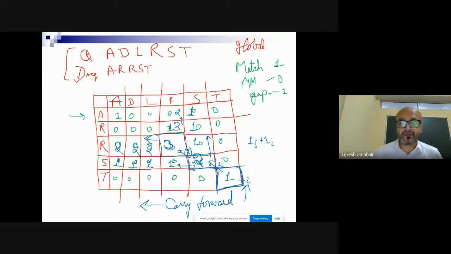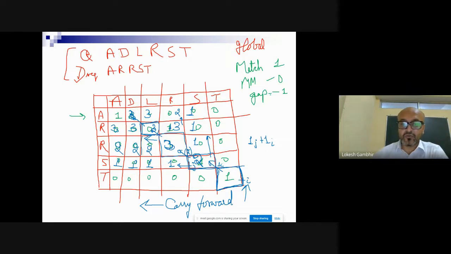That will be your new matrix. And then again you move ahead. Now it is 0. So 3 plus 0 is again 3. And you are bringing 3. So you will be writing 3 again, then 3 again, and here also 3. And this is how you will keep moving, and you will be getting a score of 3 here also.